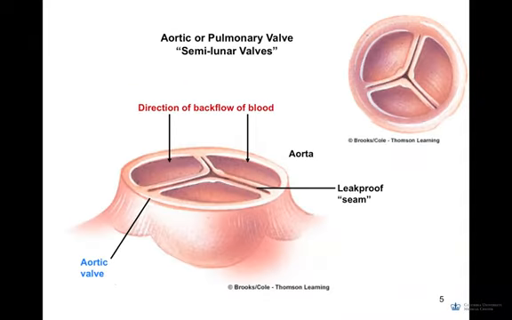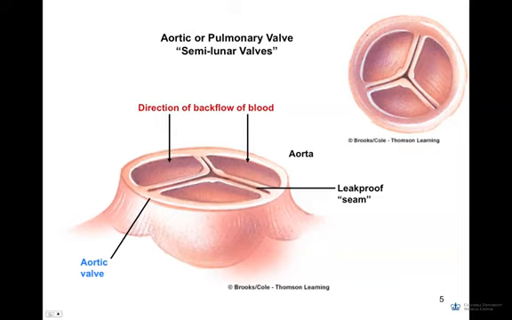Okay. Now the valves that you find between ventricles and arteries look slightly different. So what we're looking at here is the valve that you would find between the left ventricle and the aorta. So this is the aortic valve. What we find that's different about this is that the leaflets are more like true cusps.